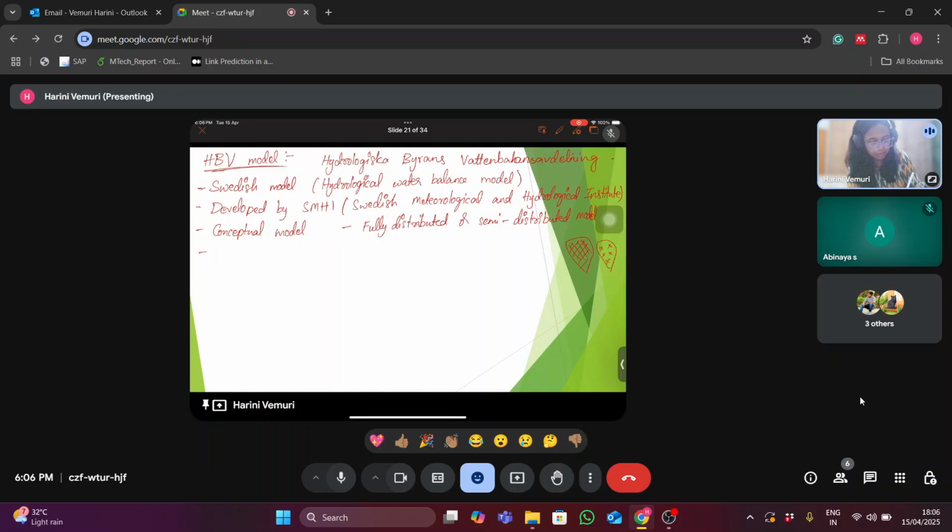So here the data that is required are precipitation, temperature, mean monthly temperature, and potential evapotranspiration.